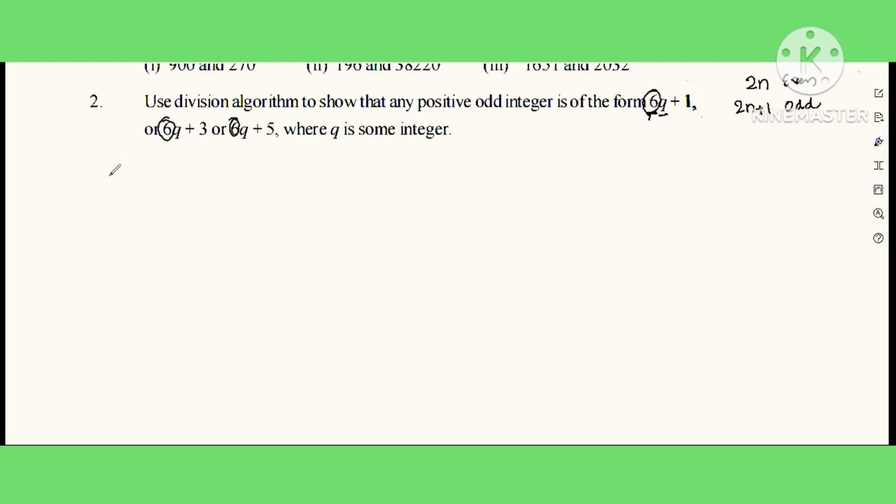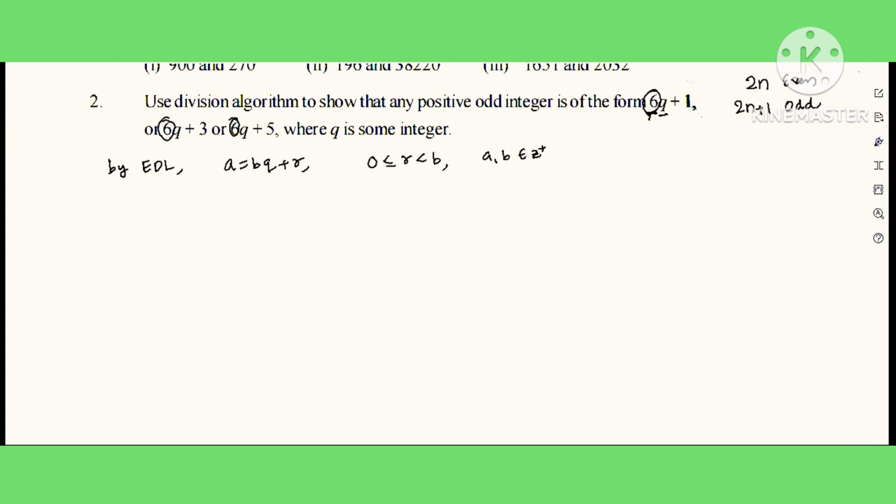According to Euclid's division lemma, a equals bq plus r, where the condition is 0 less than or equal to r less than b, and a, b are positive integers.